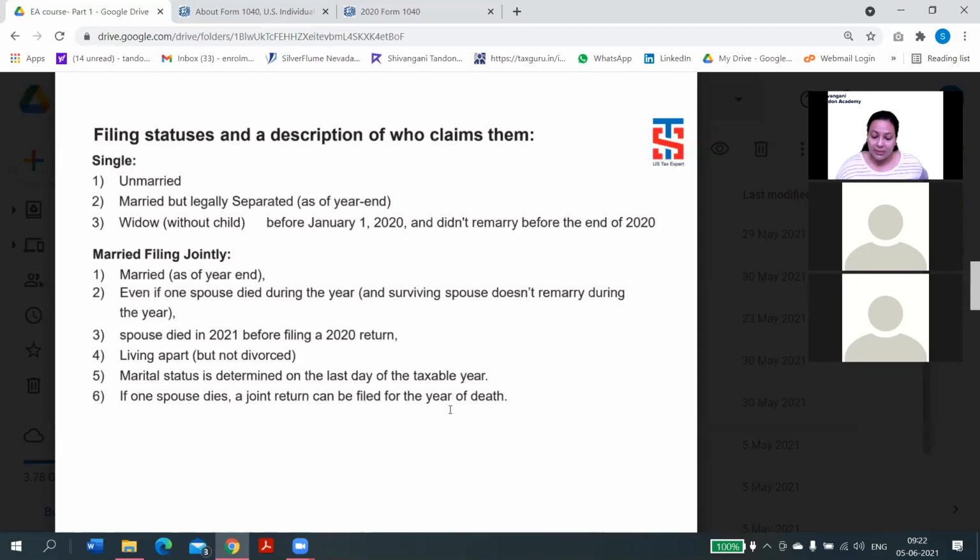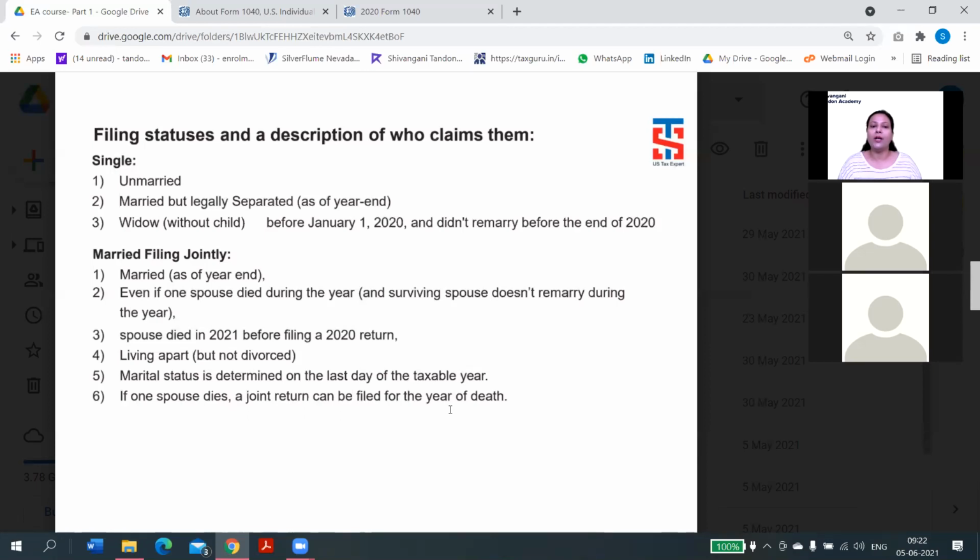IRS says if your spouse died during the year and you did not remarry somebody else, you will have an MFJ status, married filing jointly. So even if the spouse passed away during the year, the surviving spouse still gets the eligibility to file the return as MFJ.